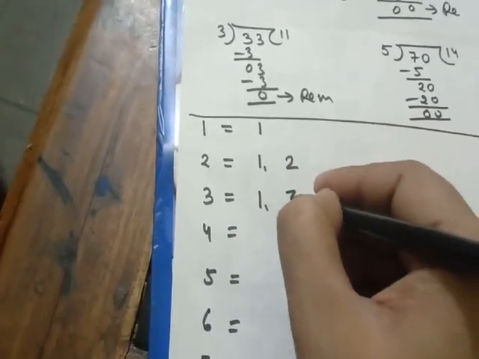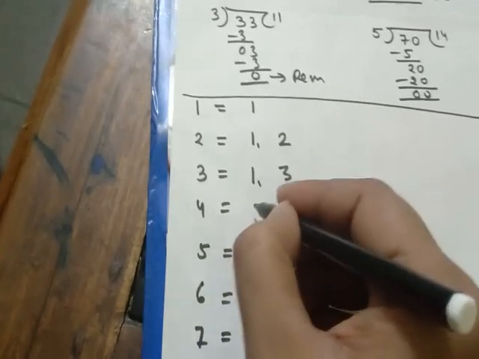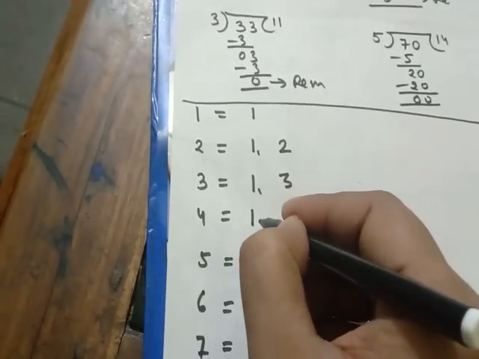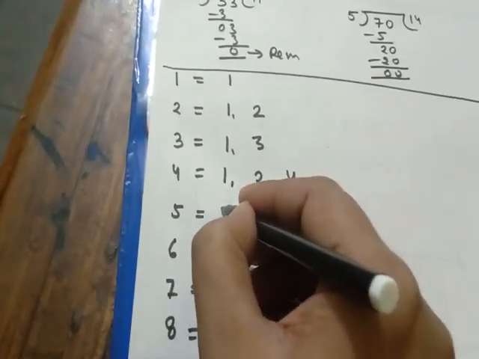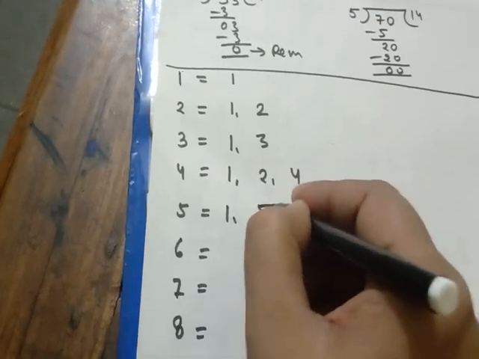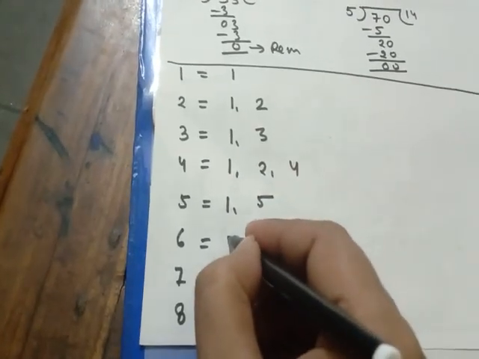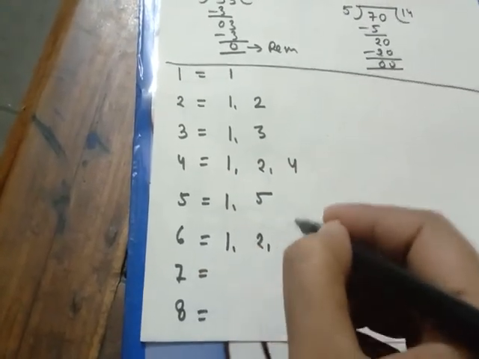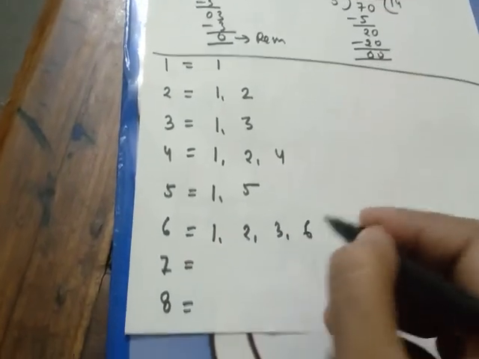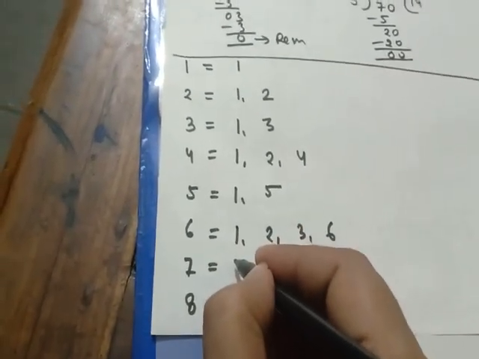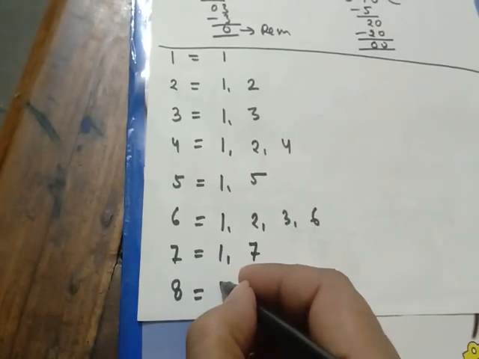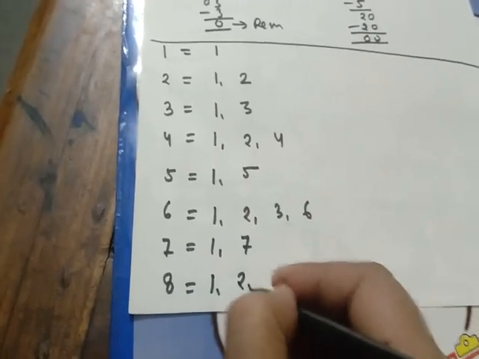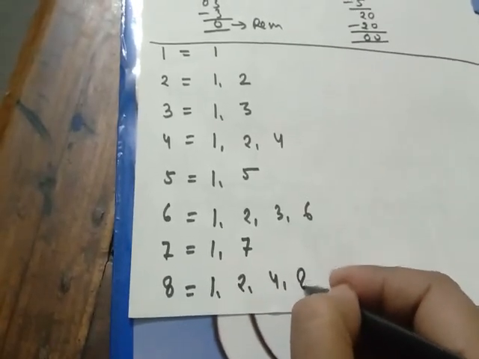Factor of 3 is 1 and 3. Factors of 4 is 1, 2 and 4. Factors of 5 are 1 and 5. Factors of 6 are 1, 2, 3 and 6. Factors of 7 are 1 and 7. Factors of 8 are 1, 2, 4 and 8.